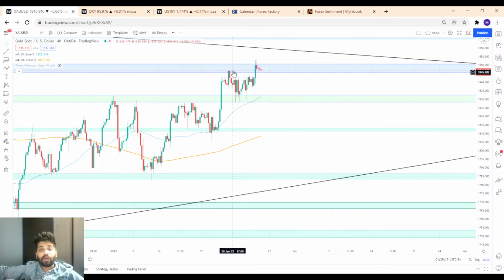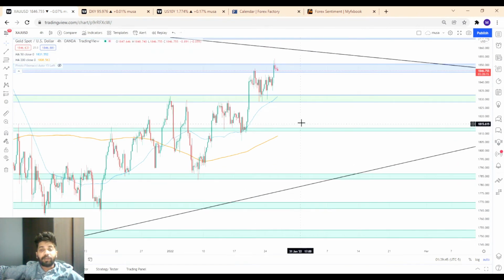But because of the tension between Russia and Ukraine, gold is considered a safe haven, and in an atmosphere of fear investors try to invest money in gold because it is considered safe. That was the main reason for the price to break the resistance area of 1848 and reach the 1853 level, and now the price is again giving a retest at 1847, 1848.